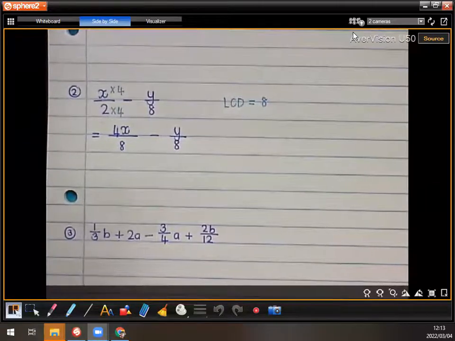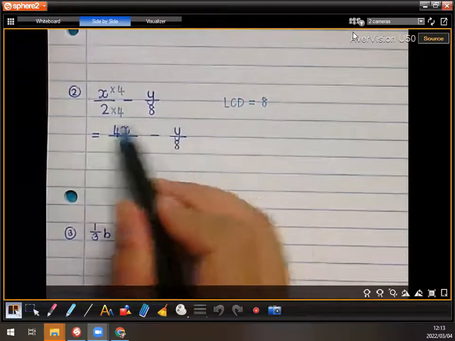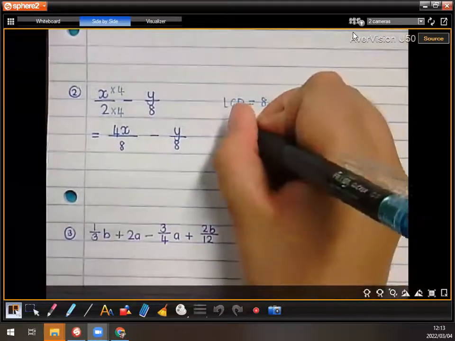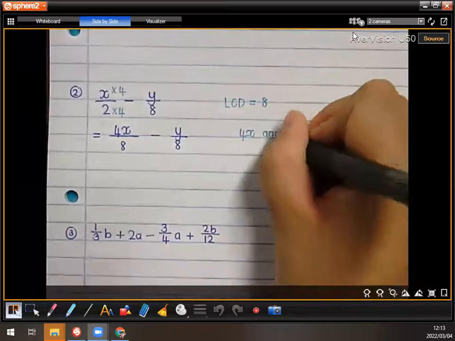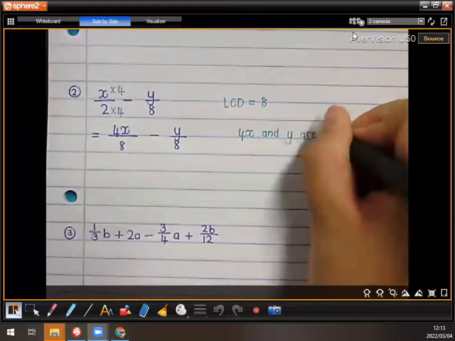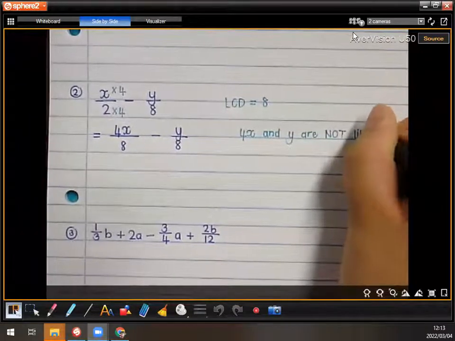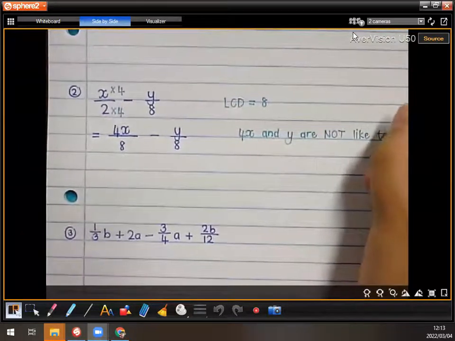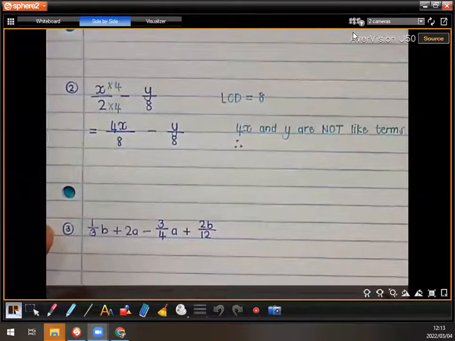Because they have the same denominator. But 4x and y, do they have the same variables? No. So 4x and y are not like terms. Therefore, we actually can't add them together.